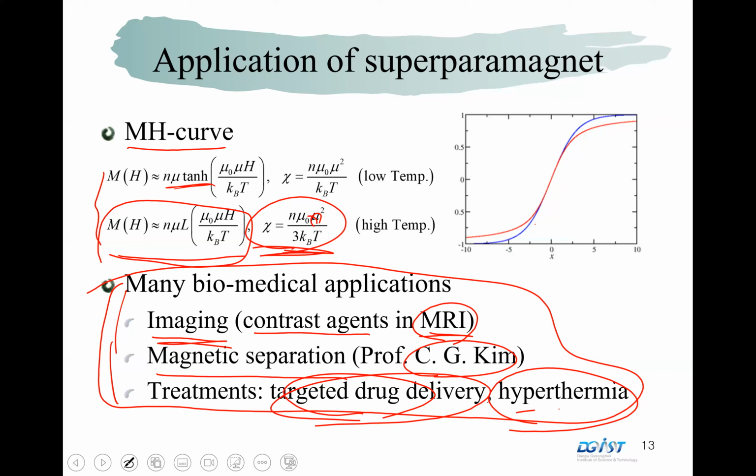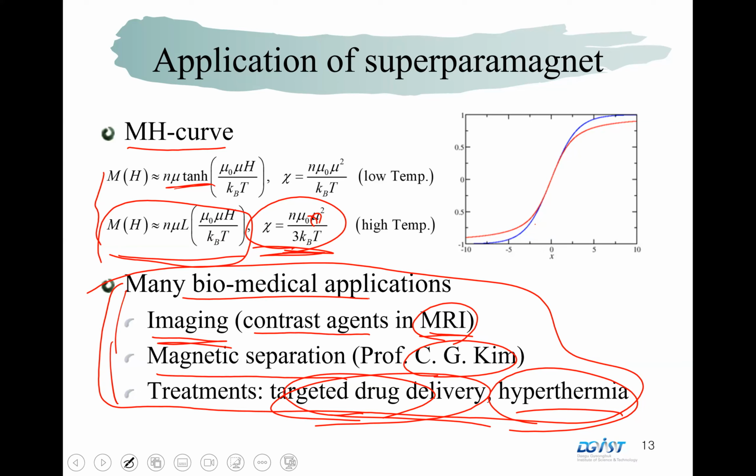There is a lot of related research even now. But for this application, the important thing is making very uniform size and well-aligned superparamagnetic materials. Superparamagnetic materials can be made by chemical treatment. So it's a little bit far from spintronics, but it's also a very important application of magnetism.